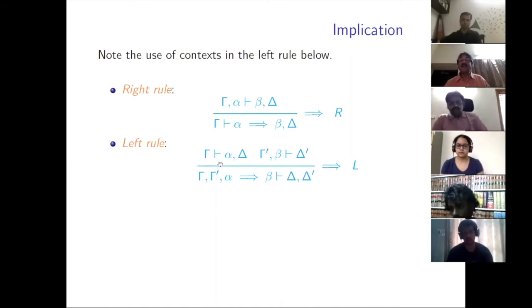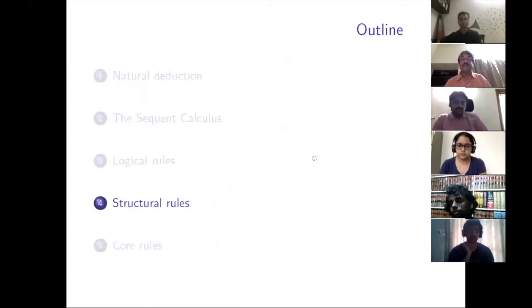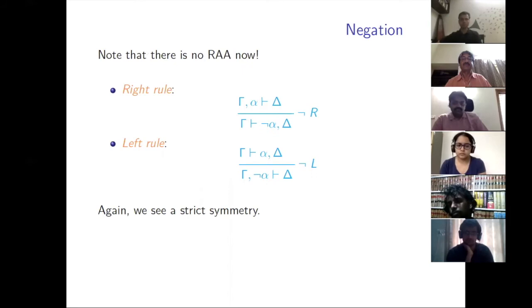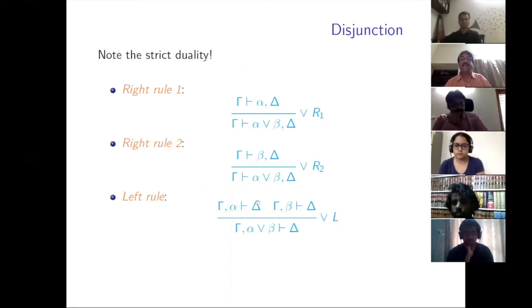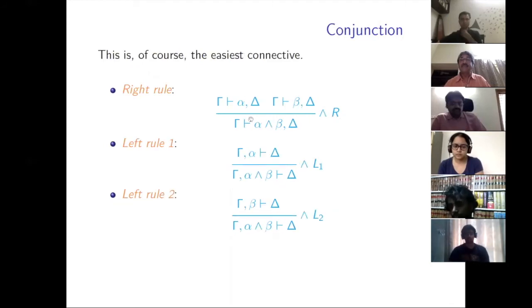Note that these two proofs, unlike the earlier proofs, here it's the same gamma. For disjunction and conjunction, I must use the same context. The same set of assumptions, I have derived alpha and beta.